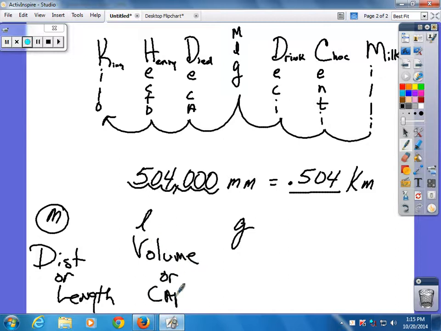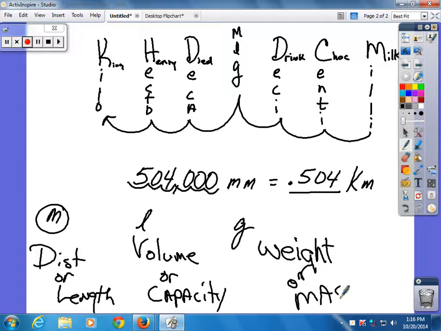Capacity. Length times width times height. What is this? Weight, or mass. Actually, mass you have to multiply by 9.8, but we won't get into that. Okay? So make sure you know that.